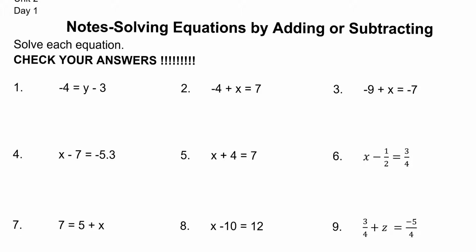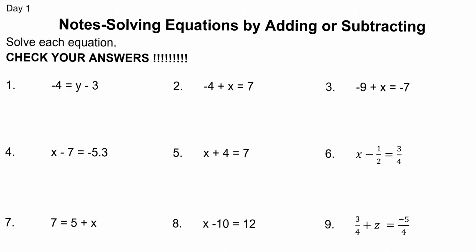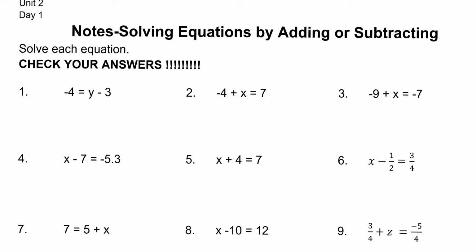Alright, y'all, so this is the beginning of Unit 2, and this is where algebra genuinely, for me, starts. Whenever we actually start figuring out what x is, what y is, what z is, what all these variables are, we start coming up with numerical values to draw an equivalence between a variable and a number.